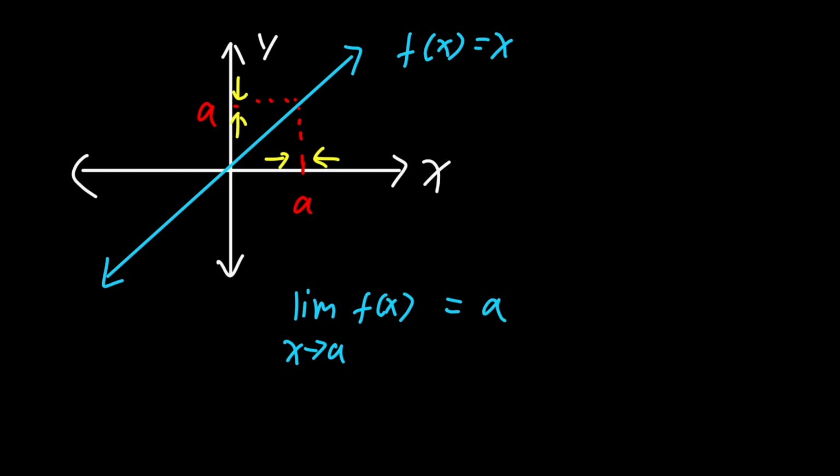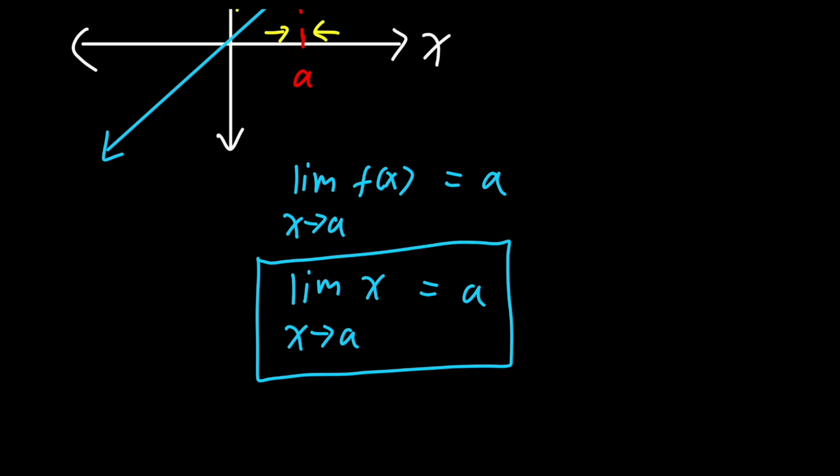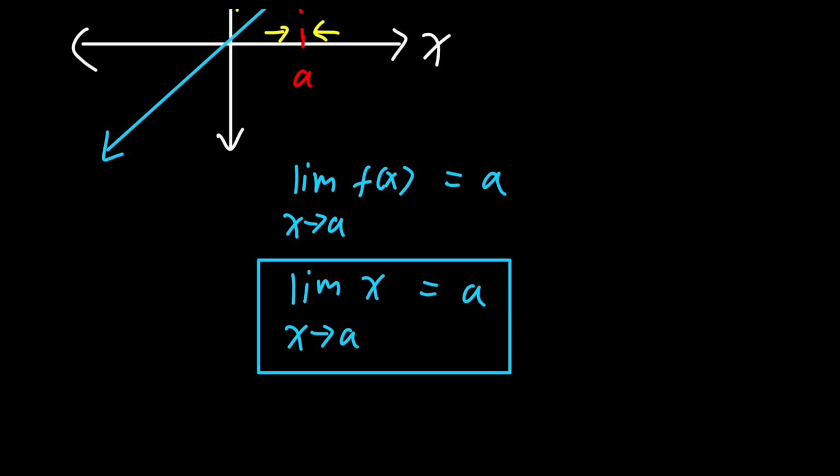Now, since this function equals x, why don't we rewrite it? We replace the function with the variable x. So the limit of x as x approaches a equals a. And this is how you get the direct substitution rule of the limit.